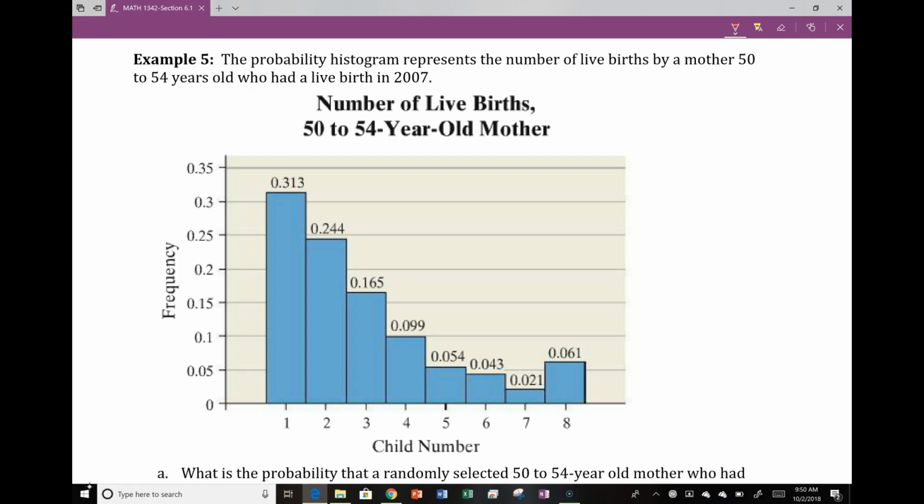The number of children, so if this live birth in 2007 was her first child, we had a 0.313 chance. If this was her second child, it was 0.244, and so forth. You'll notice that we drop off here by the 7th child, so if the live birth was her 7th child, that's going to be 0.021.